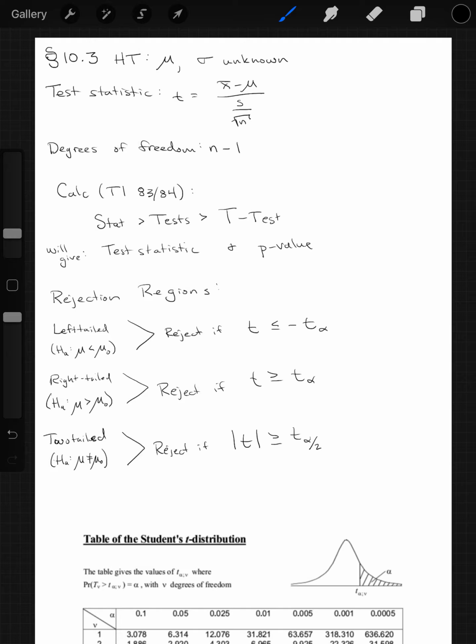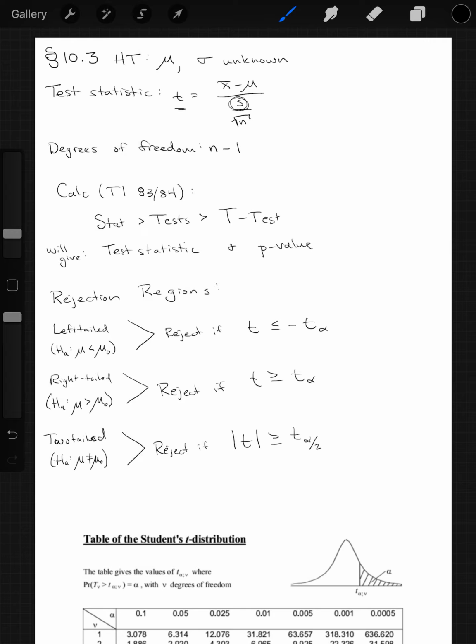So, in the exact same way that we did when we were dealing with sampling distributions, and with confidence intervals, when we move from sigma being known to being unknown, we're going to replace all of our sigmas with s's and all of our z's with t's. So our test statistic is now called t instead of z. And instead of having a sigma right here, it has an s. Otherwise, exactly the same.